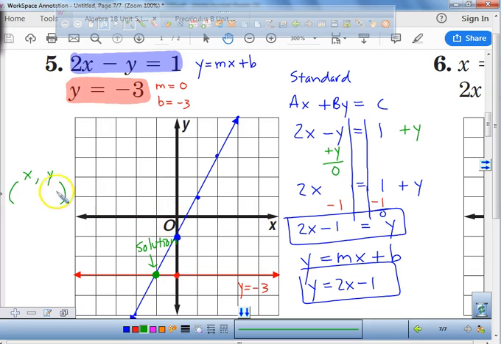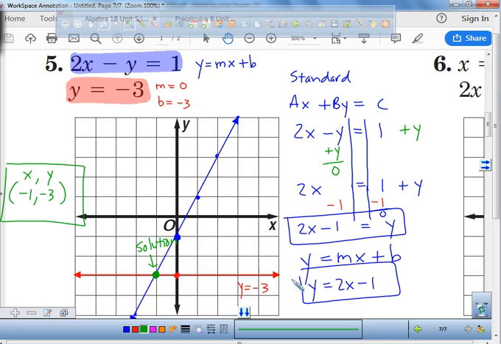To the left? Yep, so -1, good. How much do I have to go down? How many units? Good, -3. We go down 1, 2, 3. We go over 1 to the left, which is a -1, and down 3. This is your answer to number 5.